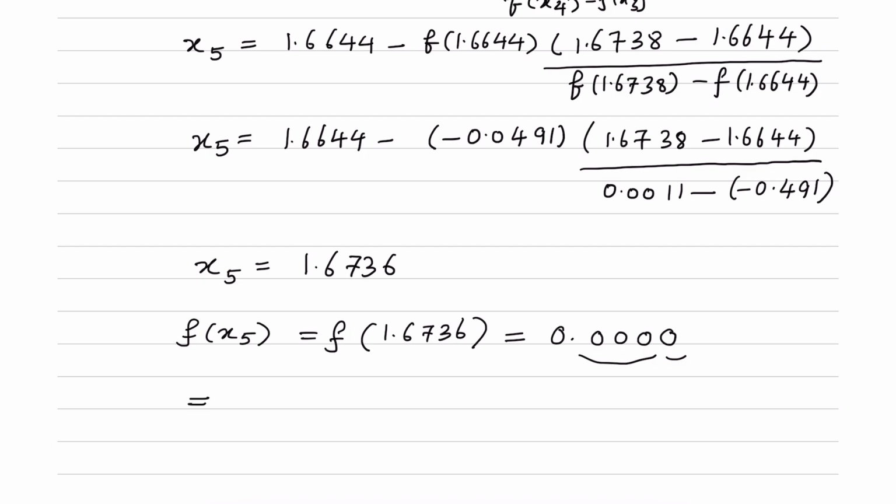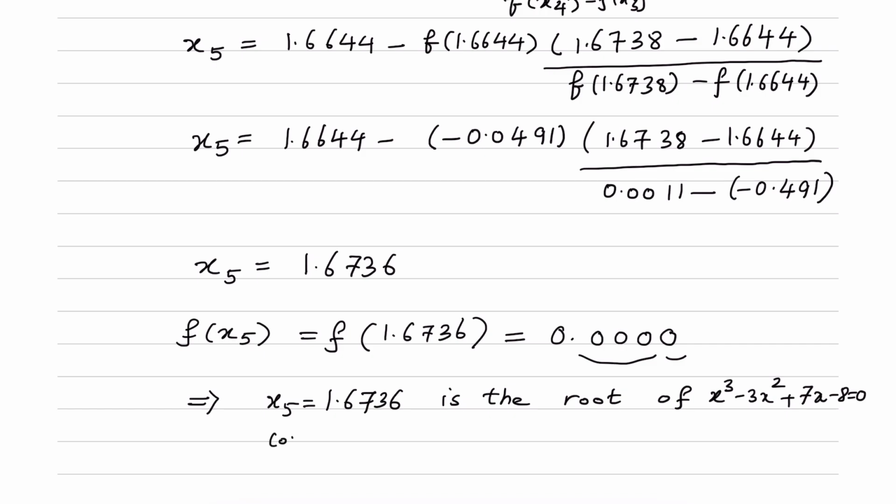So this is where we will stop and say that x5, which is 1.6736, is the root of the equation x cube minus 3x squared plus 7x minus 8 equal to 0, correct to 3 decimal places.